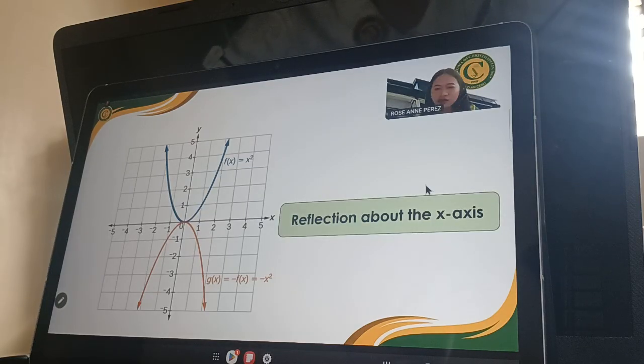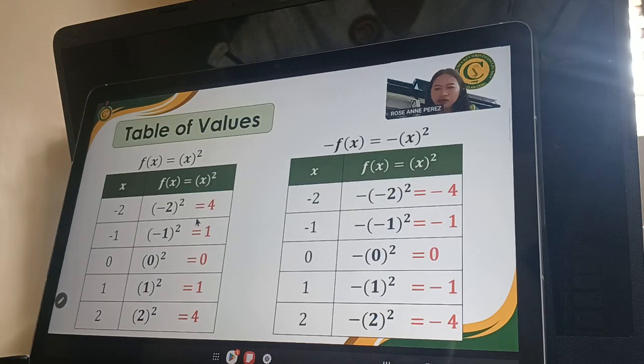For the y-axis, it's the same process. You use again the table of x and substitute it to your equation. Go back to our table of values here. If you get the question about the x-axis, all you have to do is negate your y coordinates.